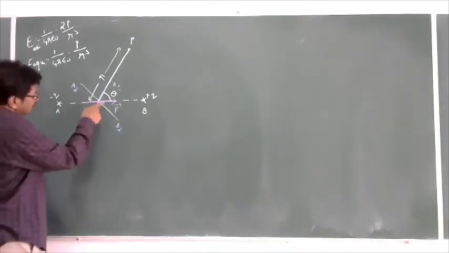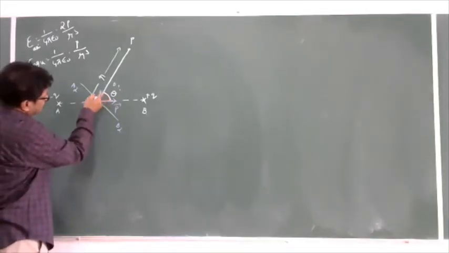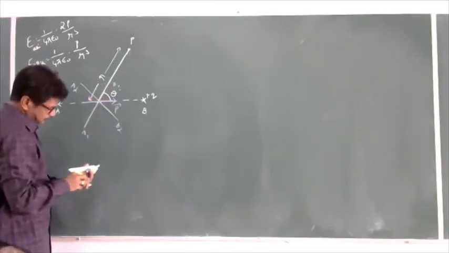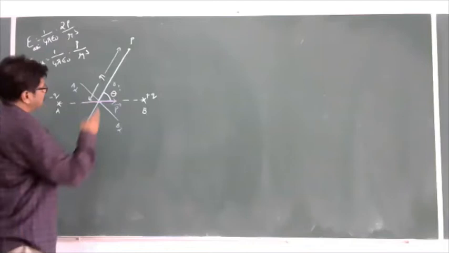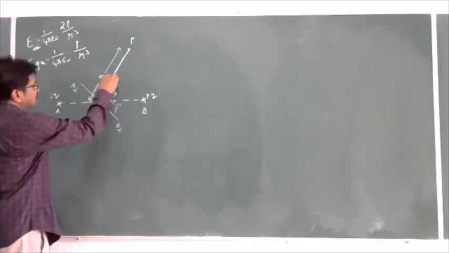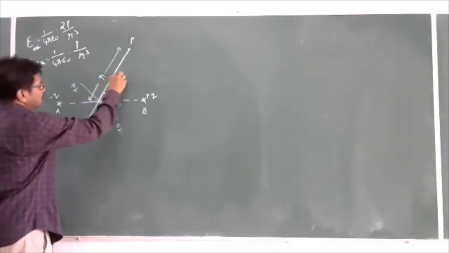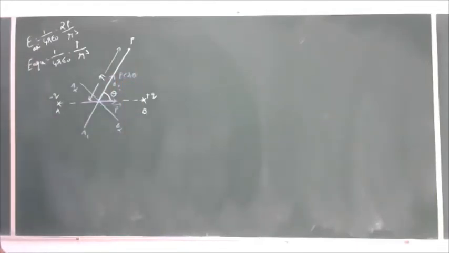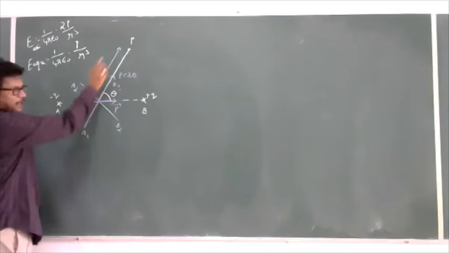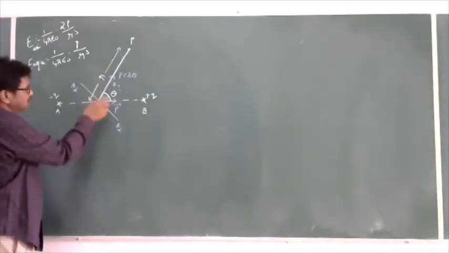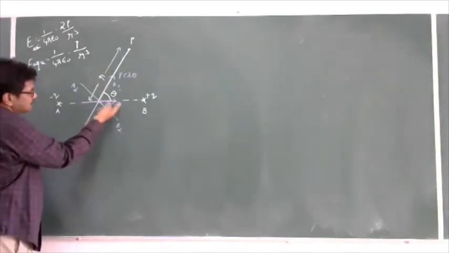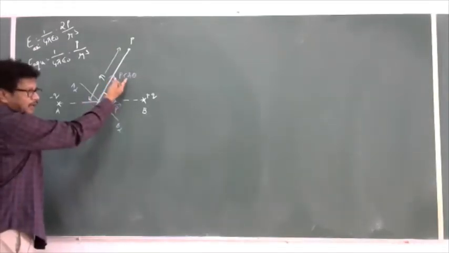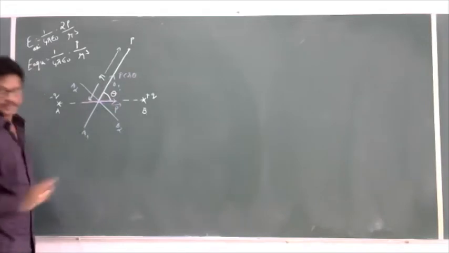Since the dipole moment makes an angle theta with this, the component in this direction will be P cos theta, because with whichever axis the vector makes the angle, that component will be cos and the other component will be sin.